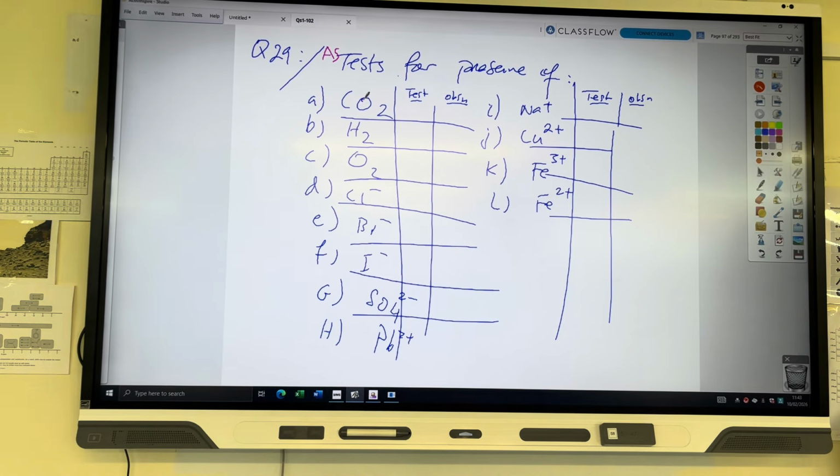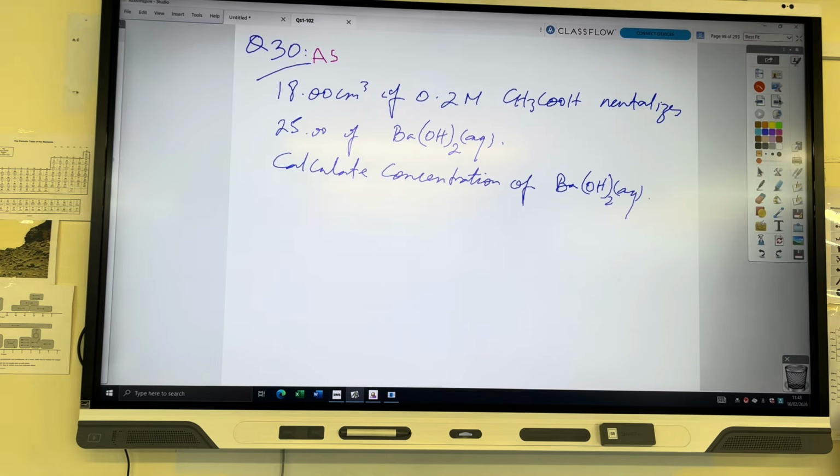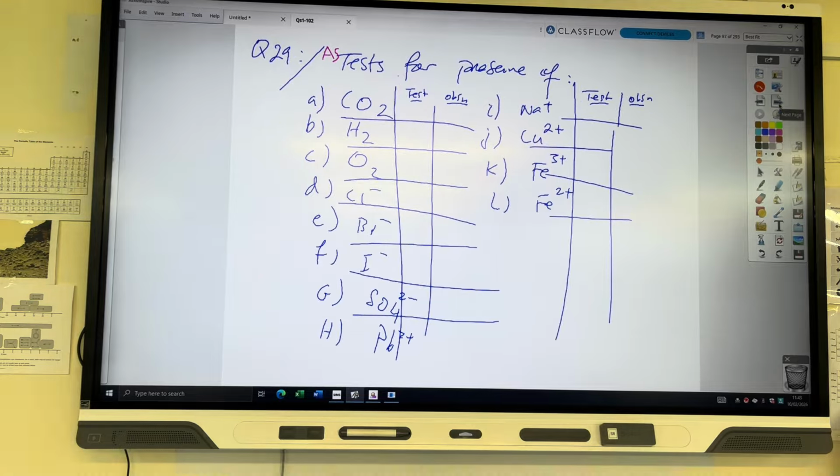If these are the species, what test do you perform and what would you observe? Test, observe. And as you can see, there are 3 and 3, 6 and 2, 8 and 4, 12. So give yourself around 9 to 10 minutes. Again, I will provide the answers later, or maybe you can check the answers in books later for yourself.